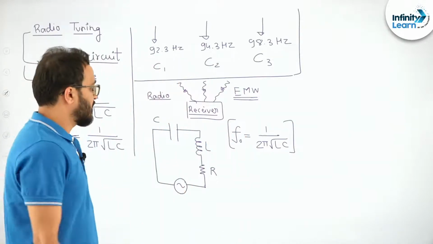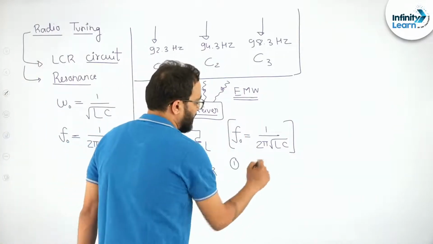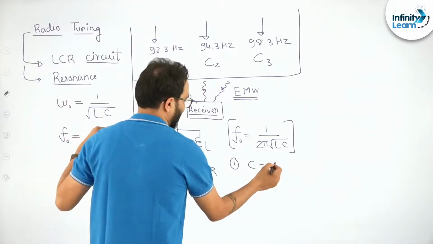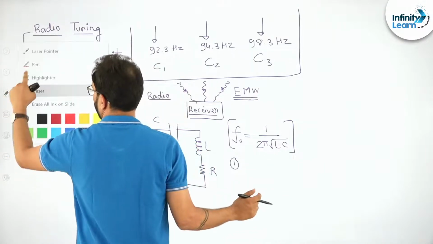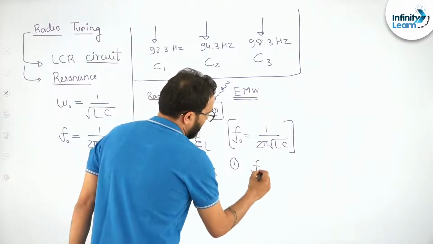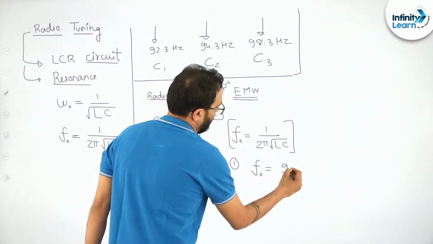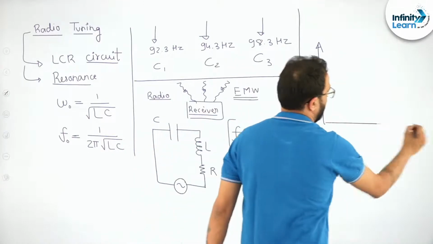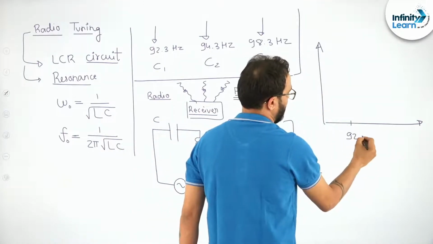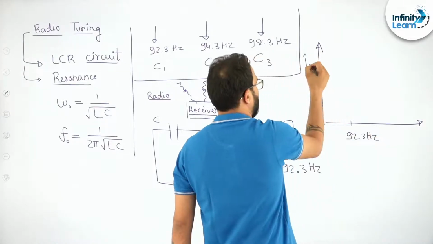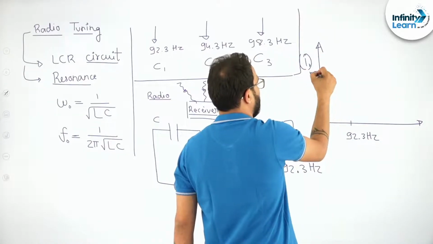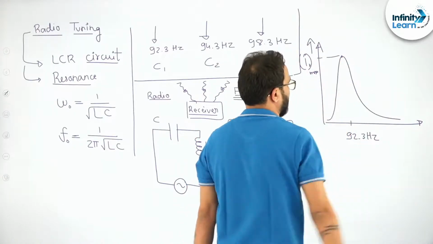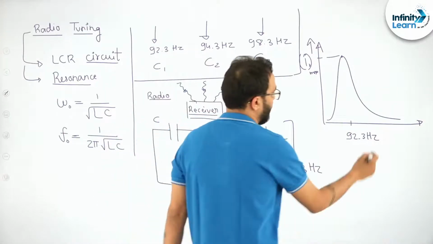Now suppose I change the value of C to C1 such that my resonant frequency is equal to 92.3 hertz. What will happen is that at 92.3 hertz, the peak value of the current in the circuit will rise and become maximum. It does not mean that you are not able to hear 94.3.